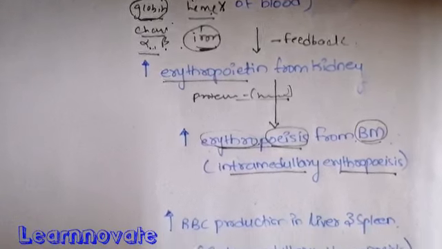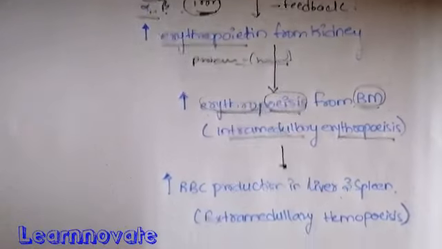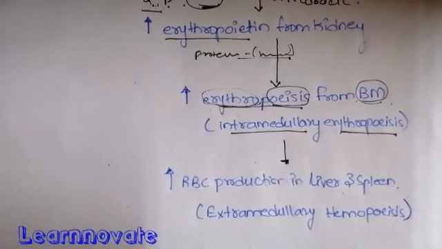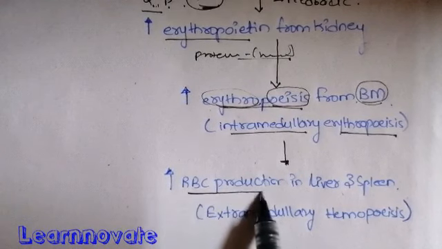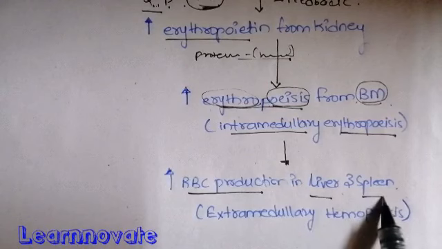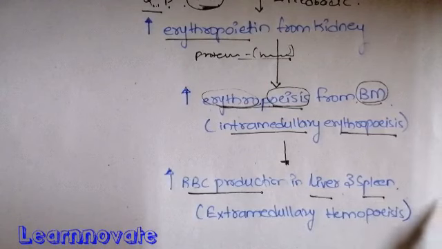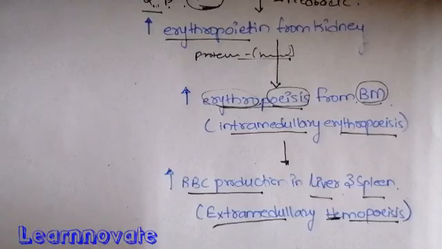The other erythropoiesis that takes place outside the marrow cavity is called extramedullary erythropoiesis, and this happens in many types of anemia in which there is increased RBC production, occurring in the liver or spleen or other parts of the body. I have written hemopoiesis, but it is erythropoiesis.